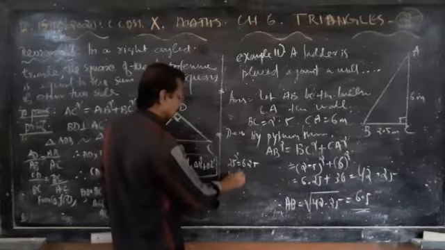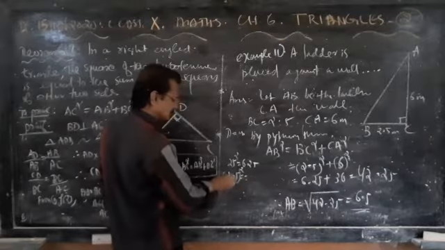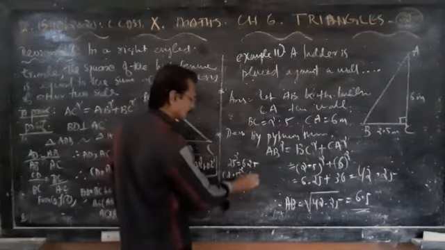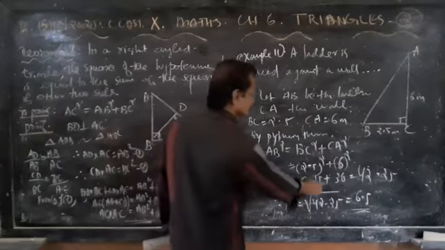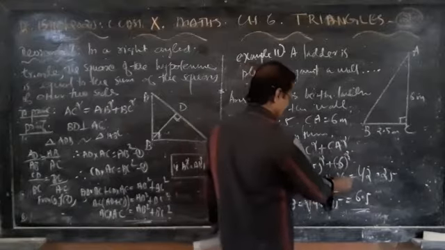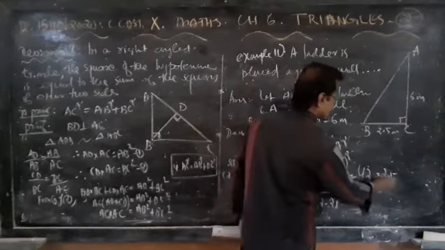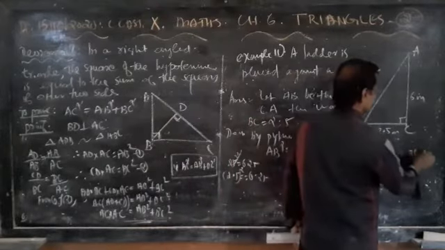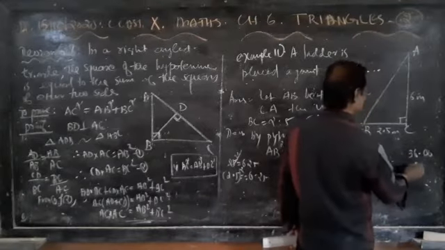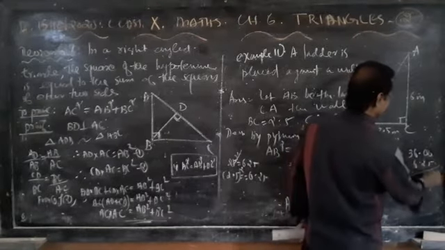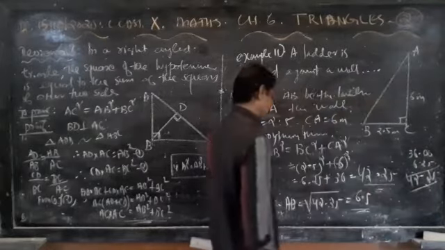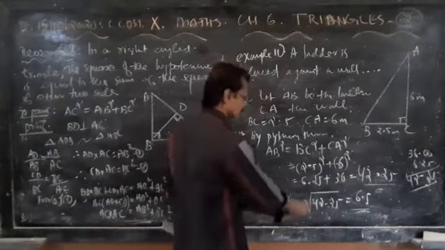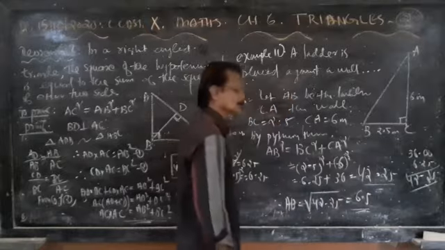Therefore 2.5 squared has two decimal places, so 6.25. Plus 6 squared, which is 36. So 36 plus 6.25 equals 42.25. Now, therefore, AB equals root of 42.25.